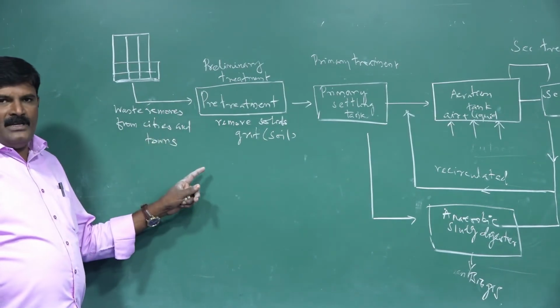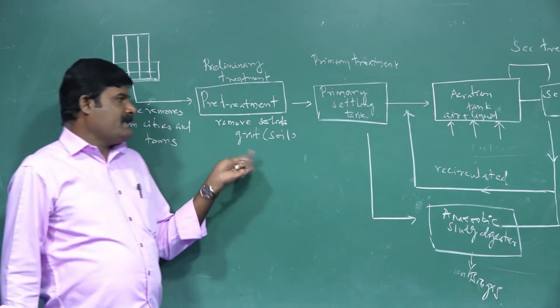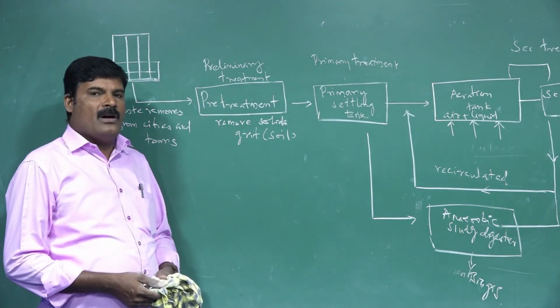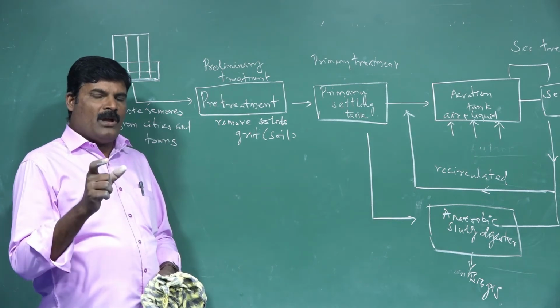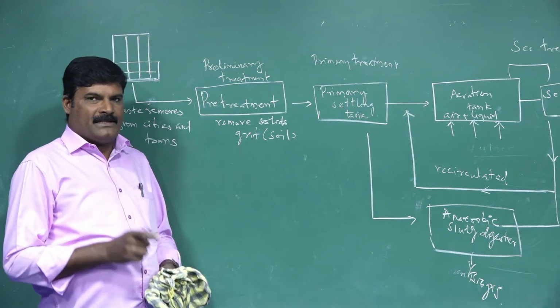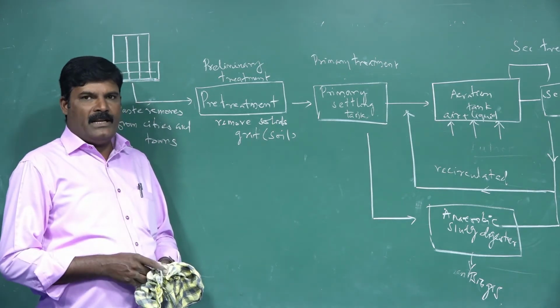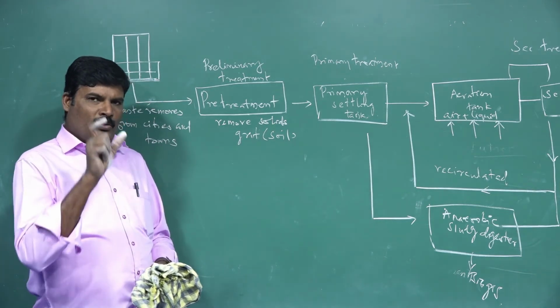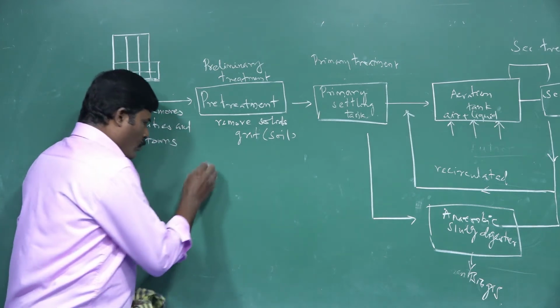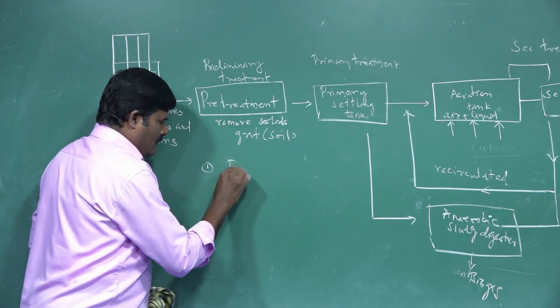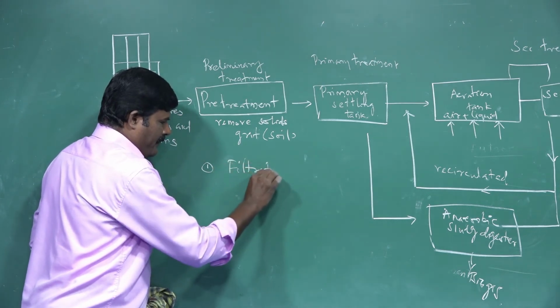The first stage of the wastewater treatment is primary treatment. The primary treatment involves physical removal of the solids, inorganic and organic materials from the sewage through two processes. One process is filtration.